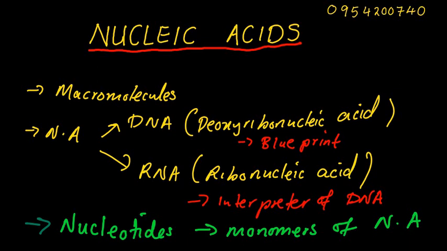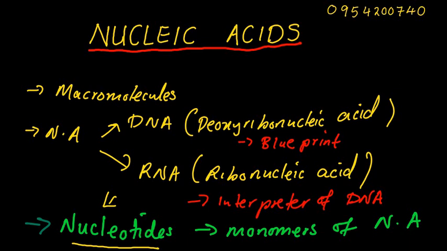A bigger chain of these nucleotides will produce nucleic acids. So nucleic acids are polynucleotides, because they are polymers formed from small units called nucleotides. That's basically what we're saying.